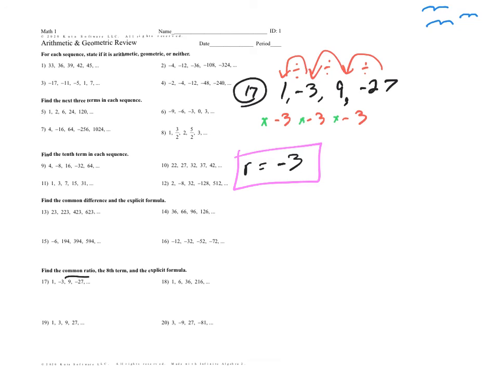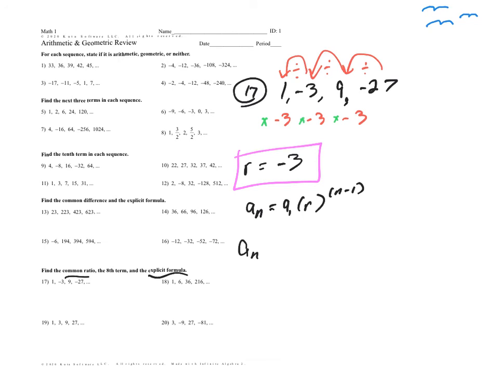So the next thing it wants is the explicit formula, which is that formula I had before. So again, very similar to what we had for arithmetic. A sub n equals A sub 1, in this case, times R raised to the n minus 1. So just like I did with arithmetic, all I'm doing is replacing A sub 1, and in this case, my common ratio instead of my common difference. So I'm going to plug those in.